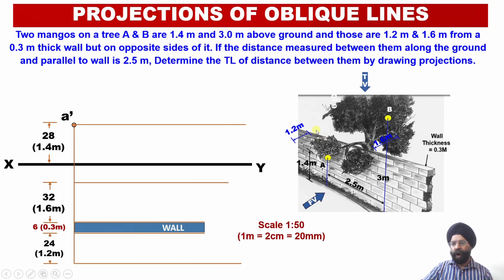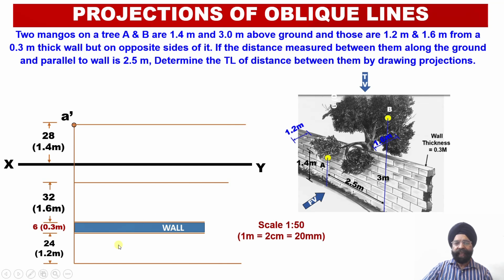And after the wall, I know that if I move forward towards the observer, I am going to move 1.2 meter in front of the wall. So 1.2 meter in front of the wall means that I am going to move 24 millimeter in front of the wall. The moment I move 1.2 meter in front of the wall, I'll be able to reach this point A over here.